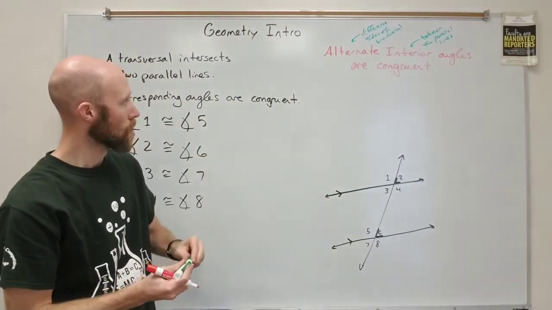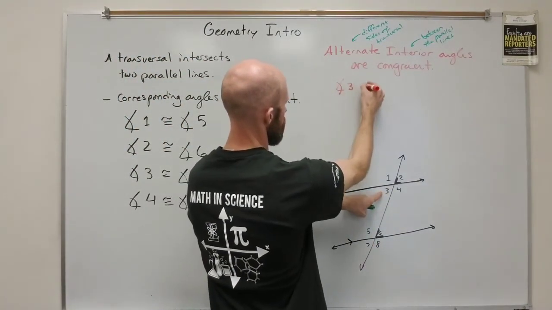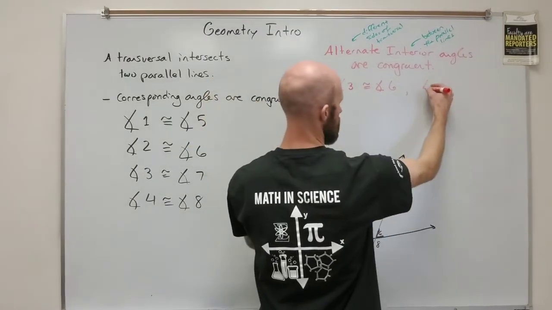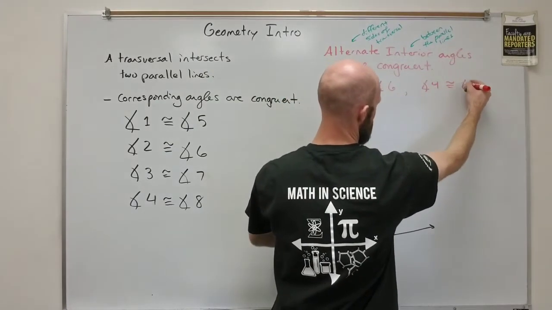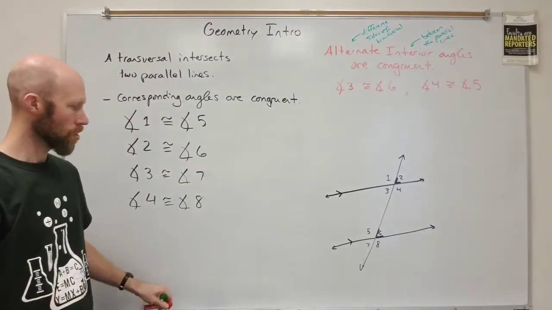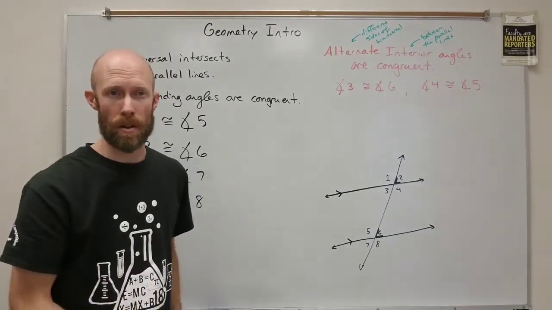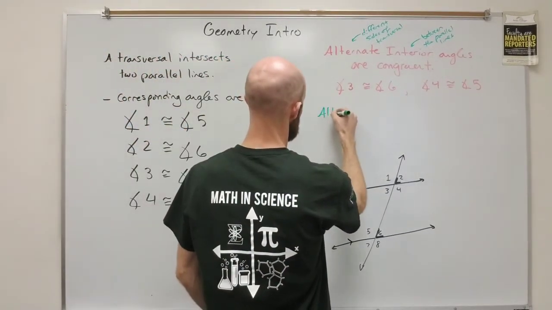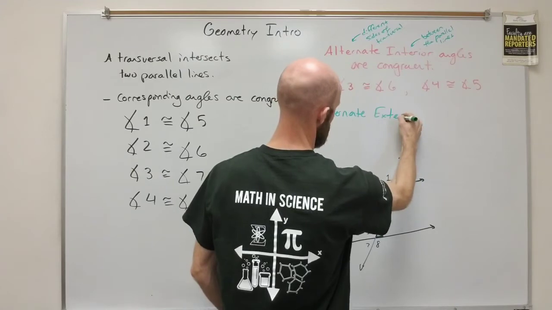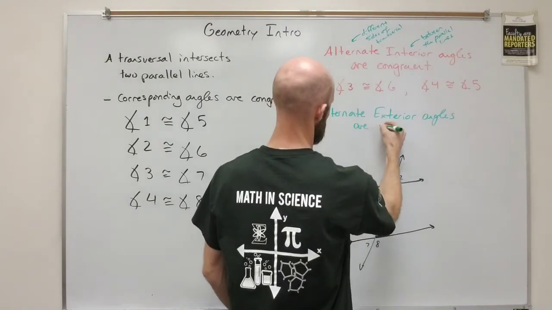So in that case, we're really looking at angles 3 and 6. So angle 3 is congruent to angle 6, and 4 and 5. So angle 4 is congruent with angle 5, okay? Now likewise, alternate exterior angles are congruent. Exterior means they're on the outside of the parallel lines. So alternate exterior angles are congruent.